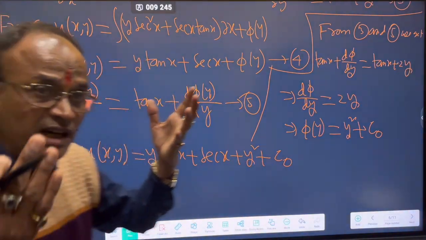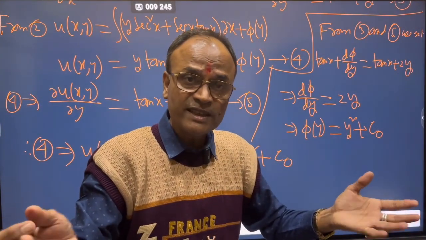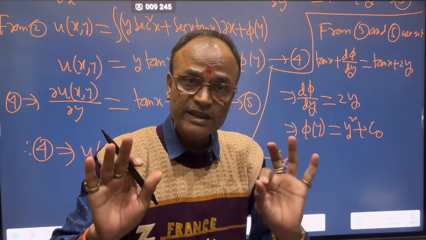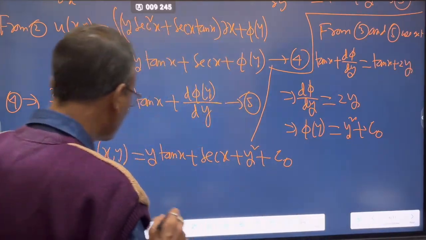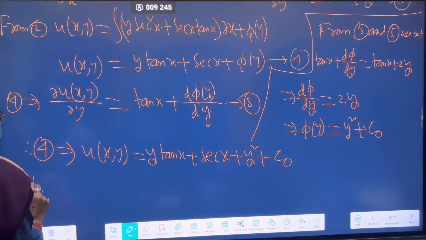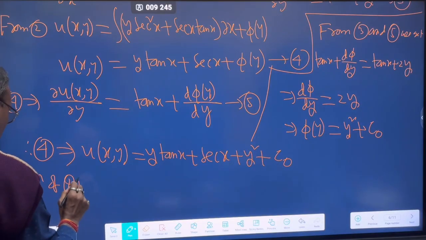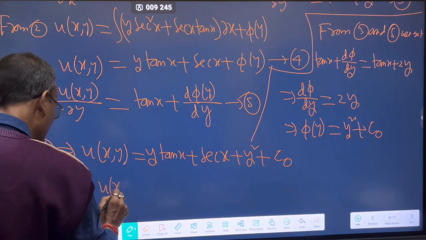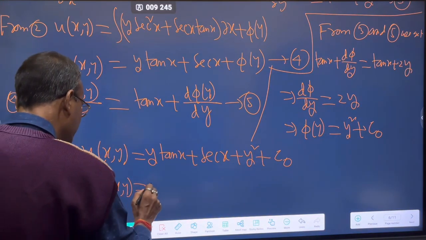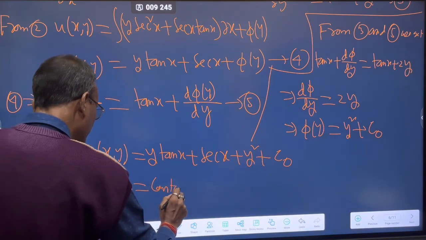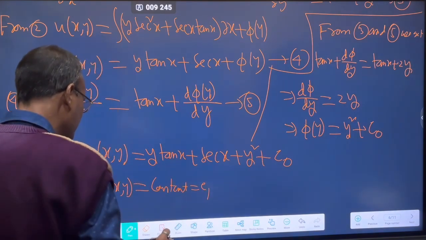Now the solution of the differential equation is u equal to constant. Solution of 1 is u of x, y equal to constant, say c1.